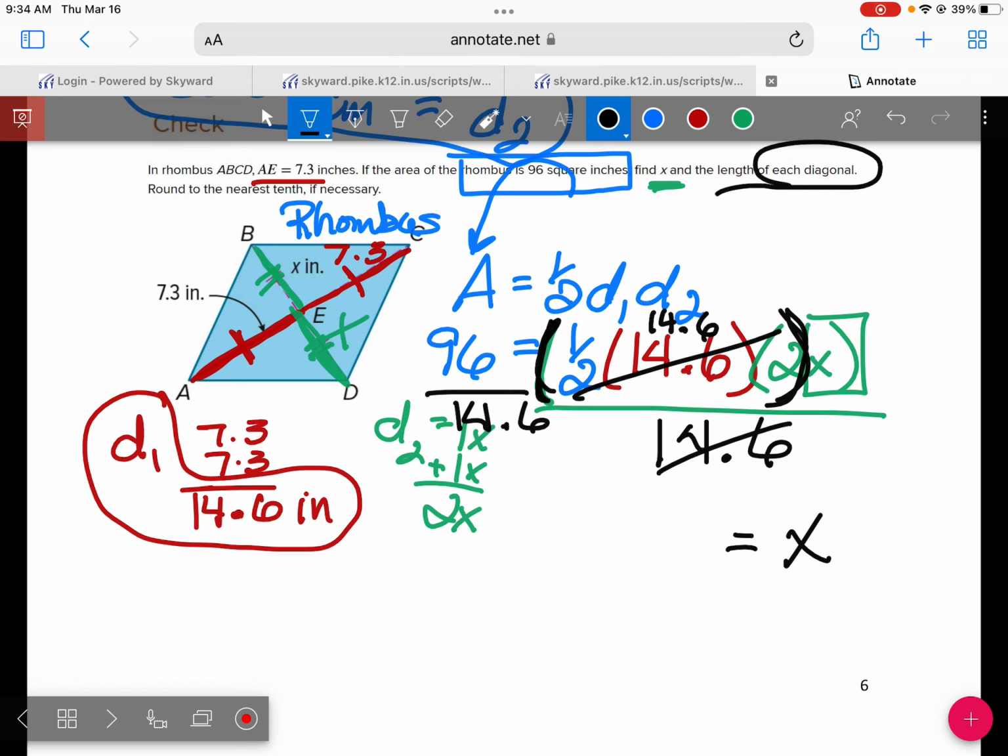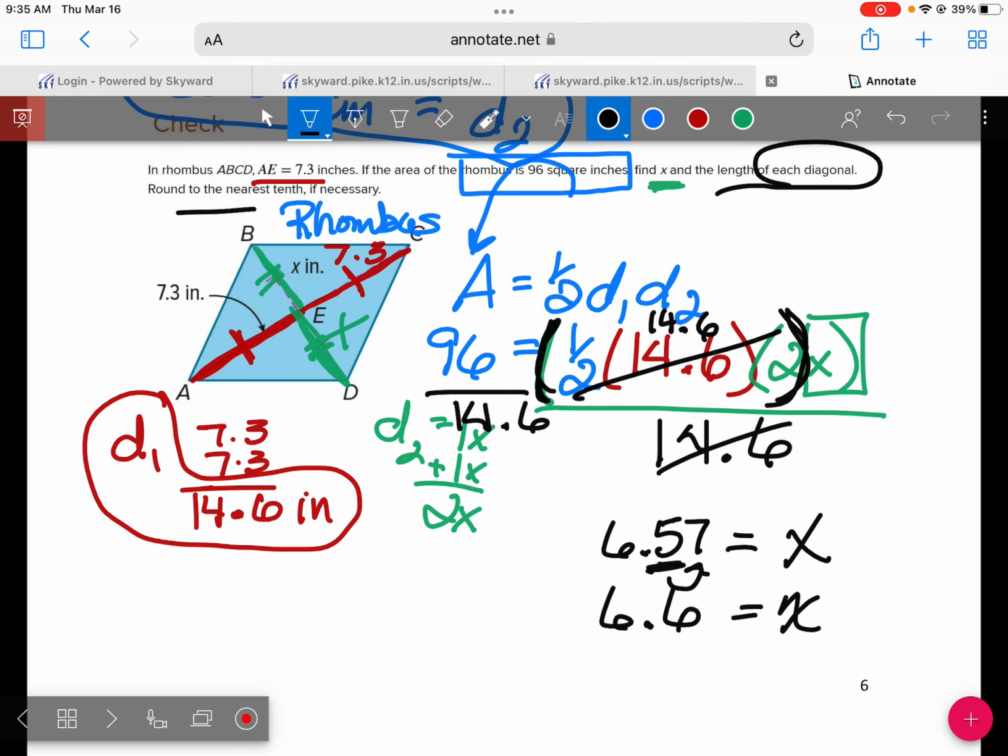Put it away. Get your calculator. 96 divided by 14.6. What is it? 6.575. It's a mess. Let's round it to the 10th place because it says round to the nearest 10th. So I look next door. X is going to be 6.6.